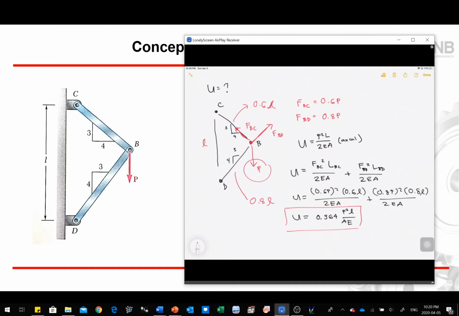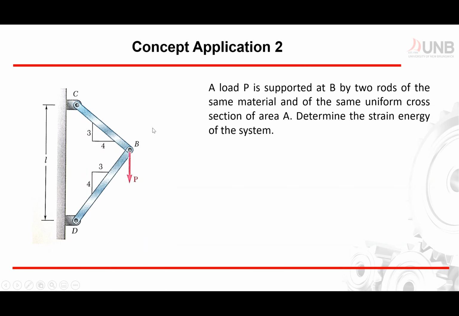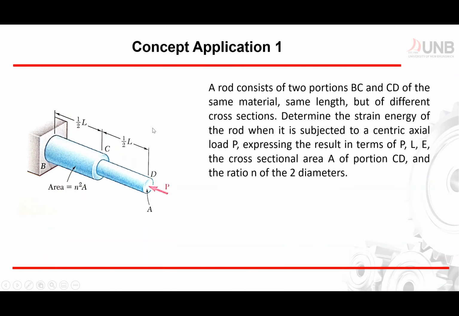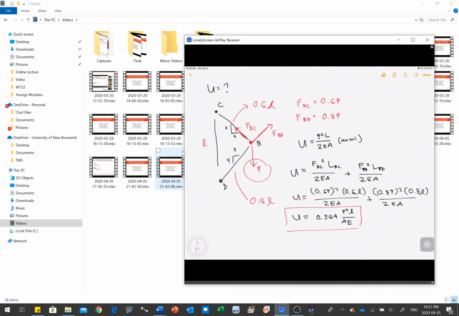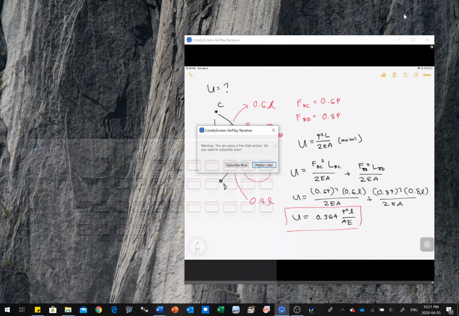So the first two examples that we have used the equation for axial loading. I believe the next one would be for a different type of loading. Again, if we go back to the slides, slide number 2, I think.